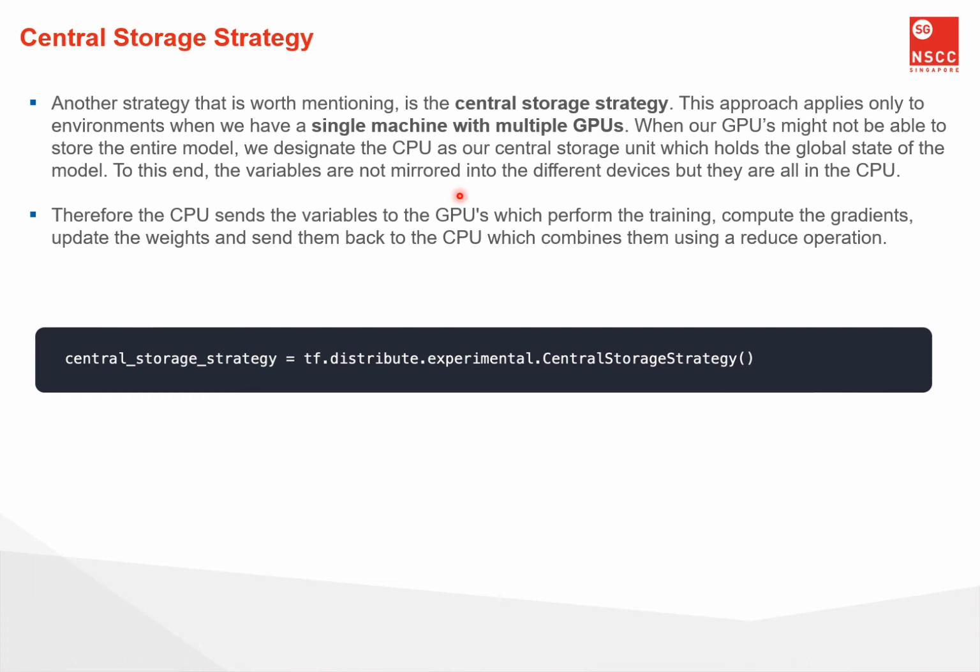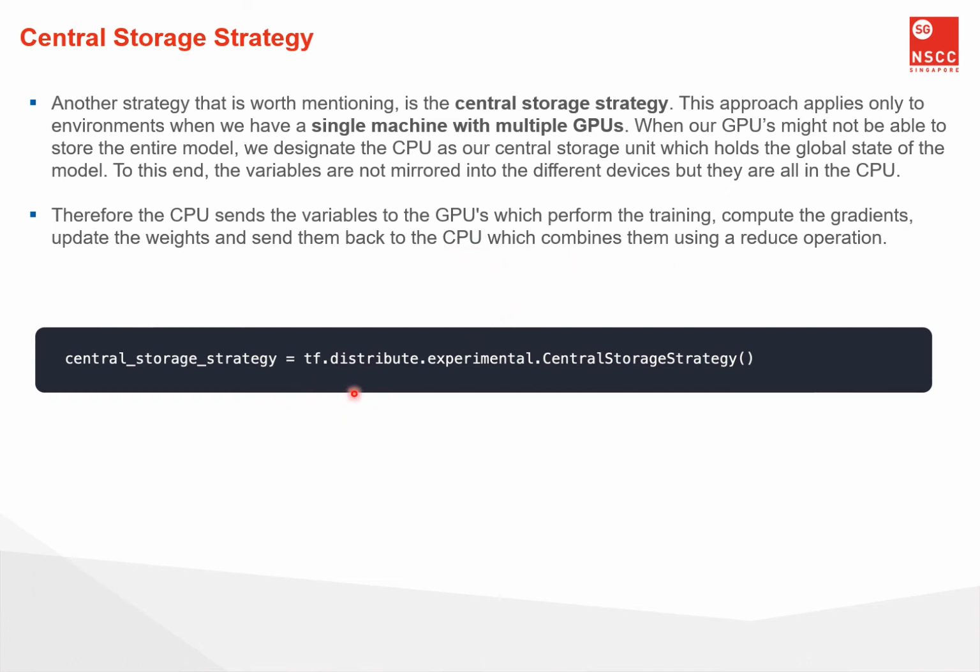That's what I said just now, right? There's more communication because we need to download the variables to the GPU before they can start doing the training, compute the gradients and update the weights, and then send back to the CPU, where it combines it all together and then updates the model. Now, remember, the model is no longer in the GPU, it's actually centrally stored in the CPU's memory.